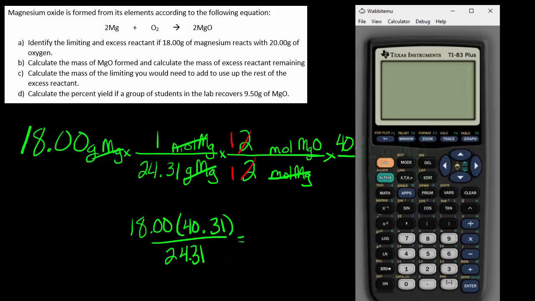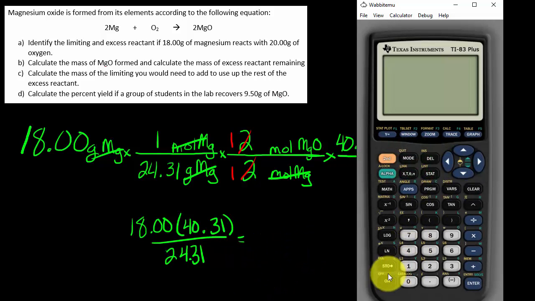So let's get our calculator out. Let's turn it on. There we go. 18 times 40.31, and then all of that divided by 24.31.